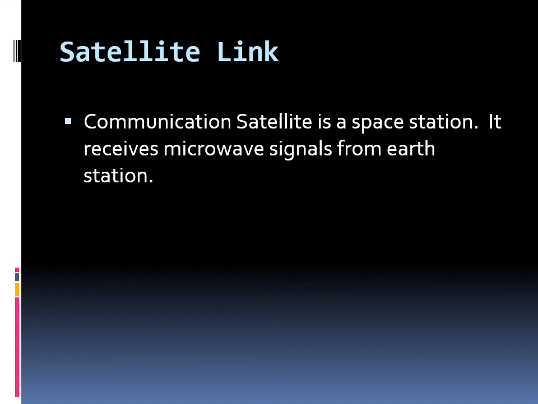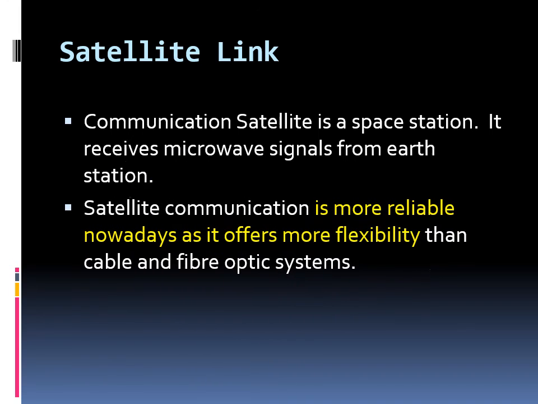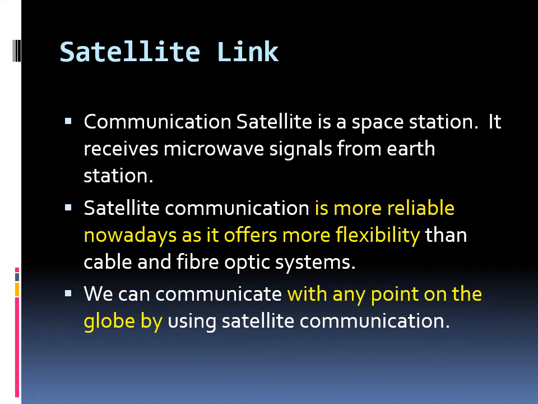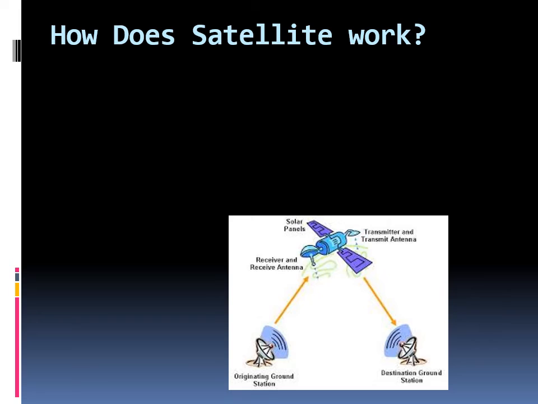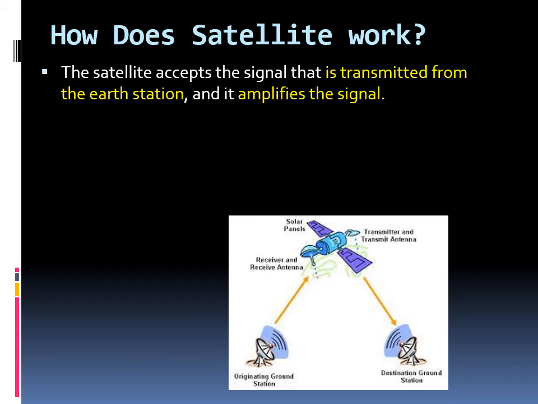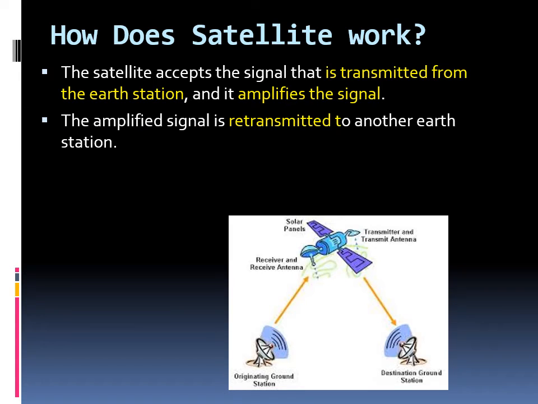And satellite. Satellite communication is also called space stations. It receives microwave signals from the Earth, and nowadays it is more reliable compared to fiber optics. We can communicate to any point on the globe using it. How it works: it receives signals from one earth station, amplifies them, and retransmits them to another earth station.